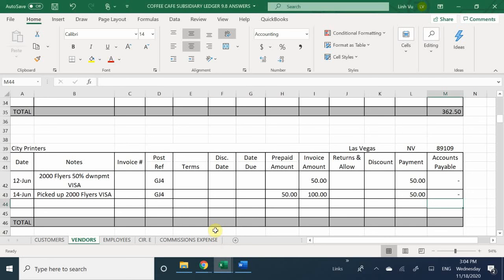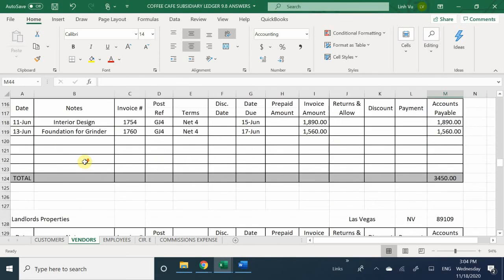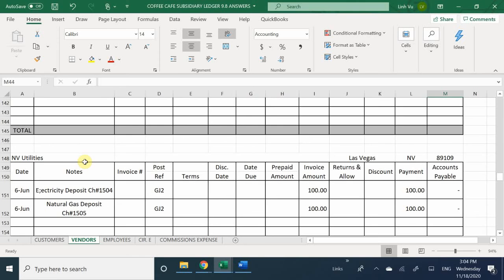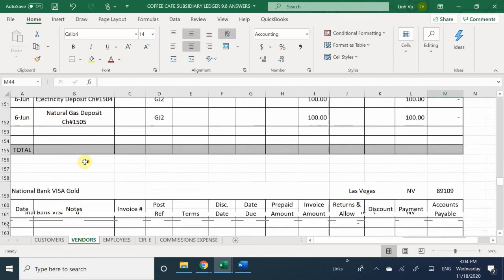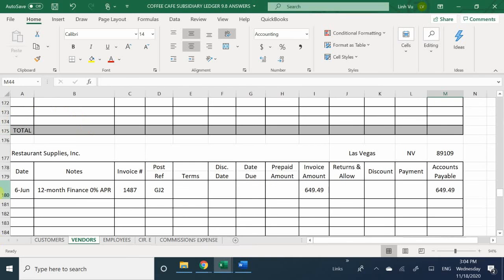And then lastly, we are going to go to our restaurant supplies. RRR, restaurant supplies. Okay. So on June 14, my notes here are that I'm going to buy 1,000 cups.